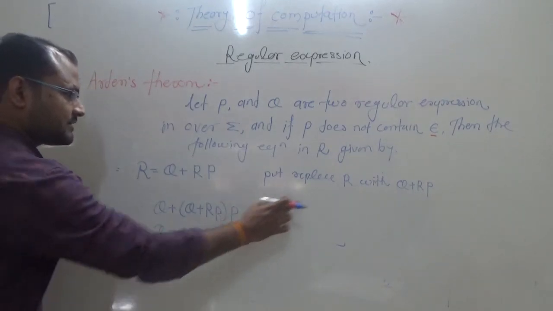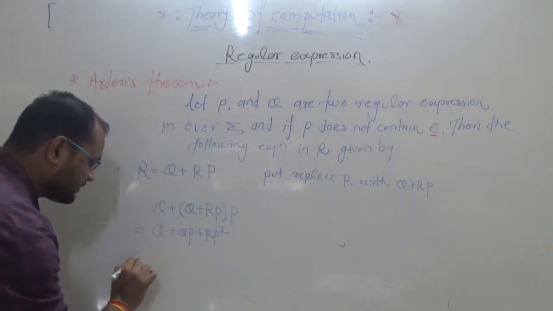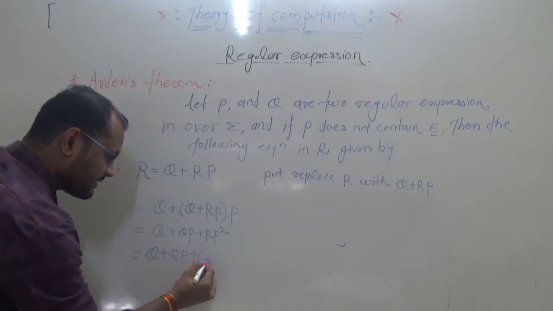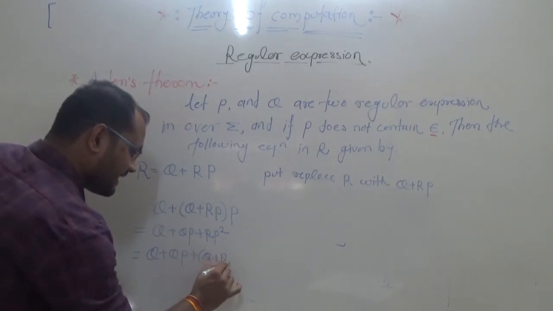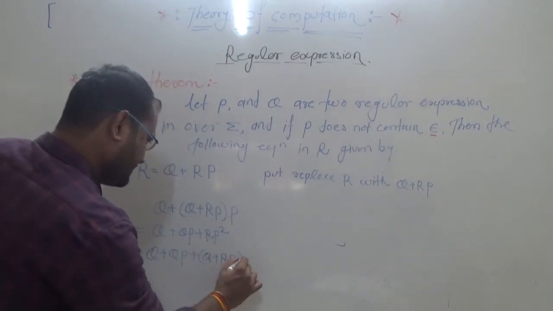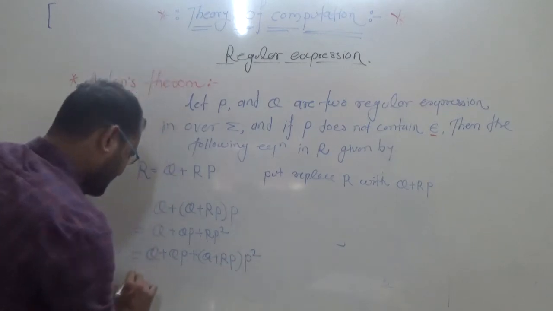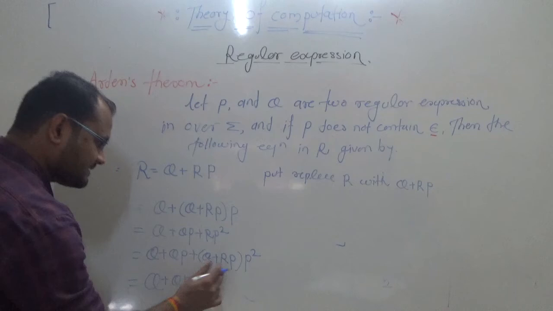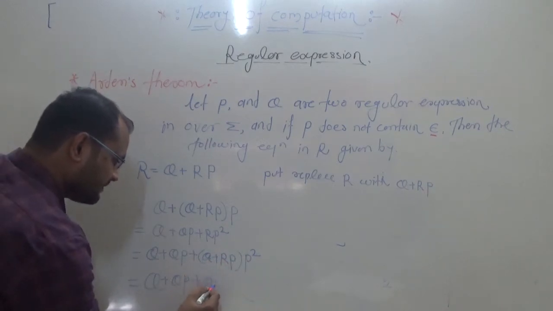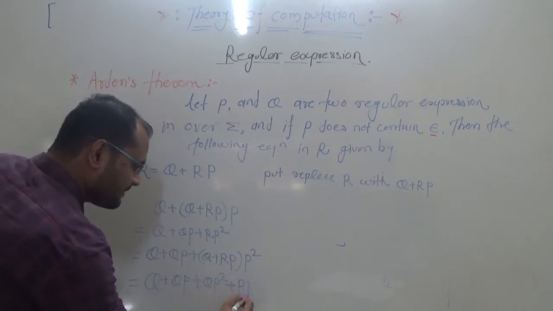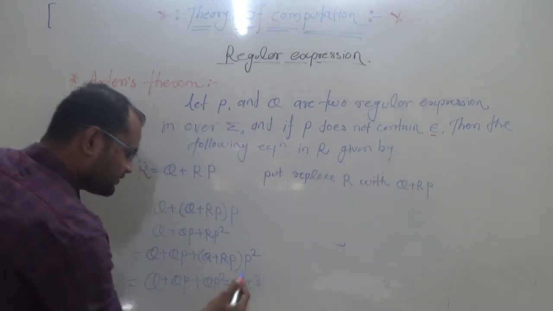Now again put Q + RP in this equation. So what we get is Q + QP + QP squared + RP cubed.